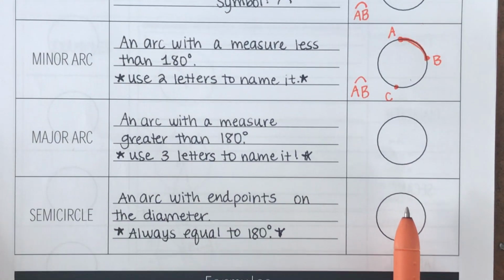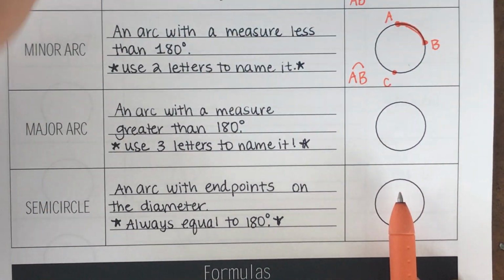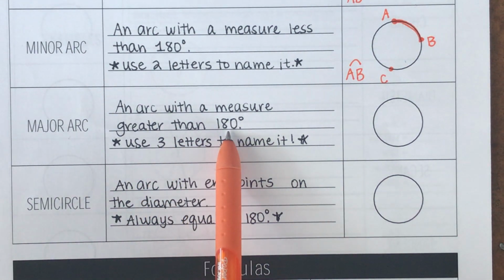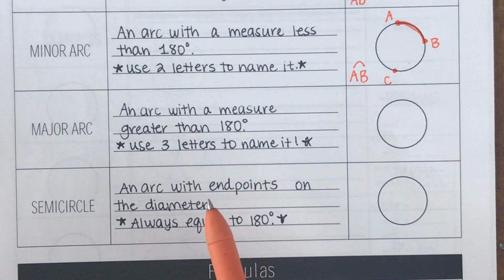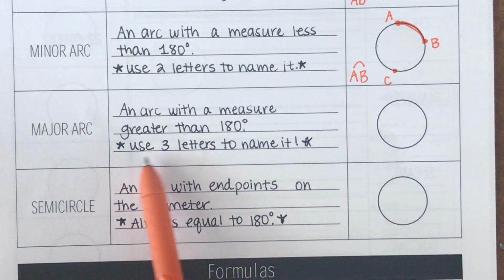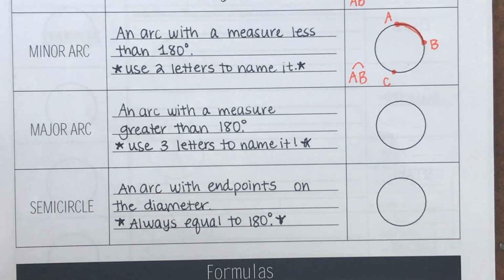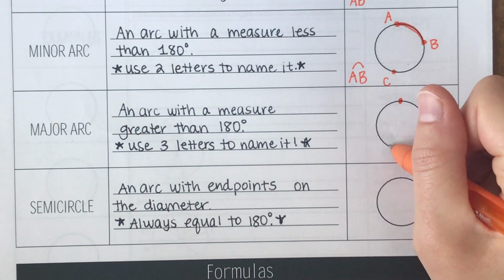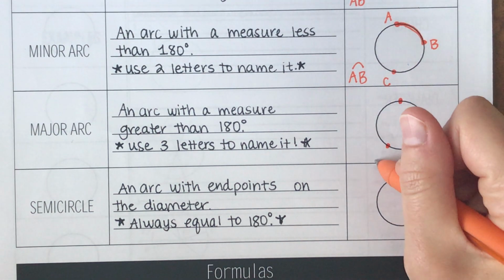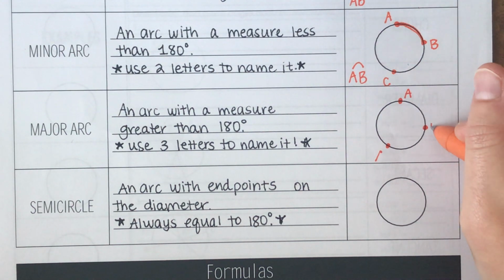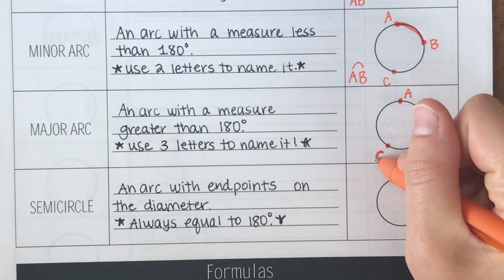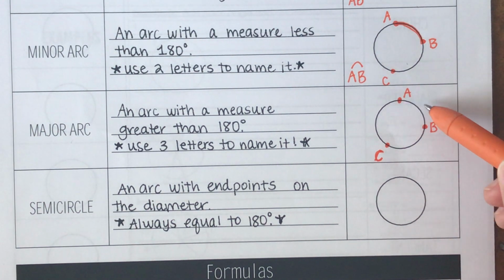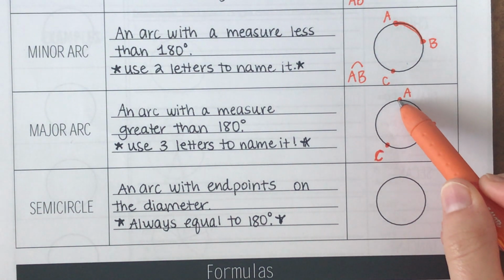The next kind of arc is called a major arc. A major arc is just an arc that measures greater than 180 degrees, so it's bigger. It's like an obtuse angle. We use 3 letters to name it because it's bigger. So again, if I draw this same picture here, A, B, C. The major arc is not this small piece from A to B. The major arc is if I go the other way.